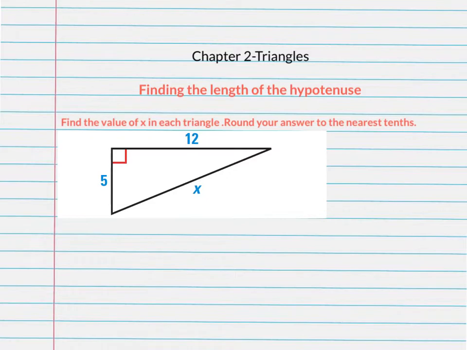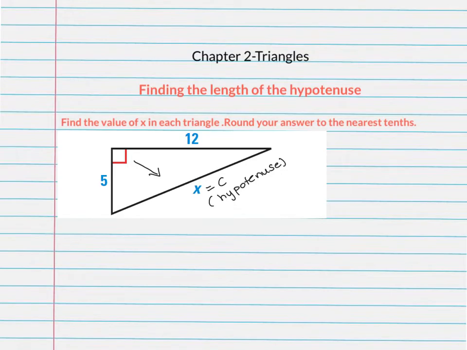Given here that we have x and we have 12 and 5. If you notice, the side that has the value x is facing your right angle. So this is the C, which is the hypotenuse, and it is unknown.